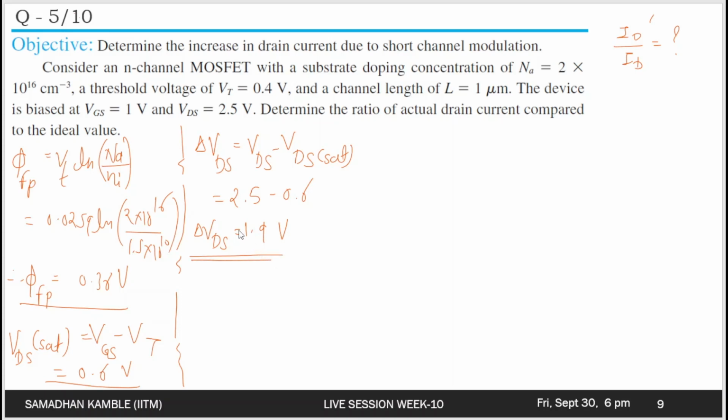Okay, now I think we have sufficient information to put in our delta L expression.